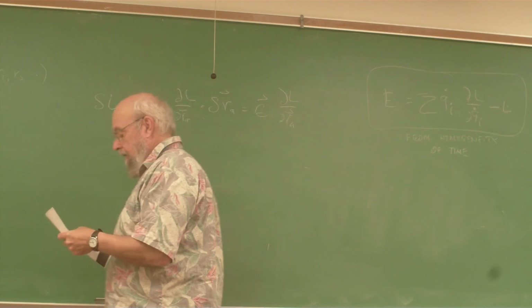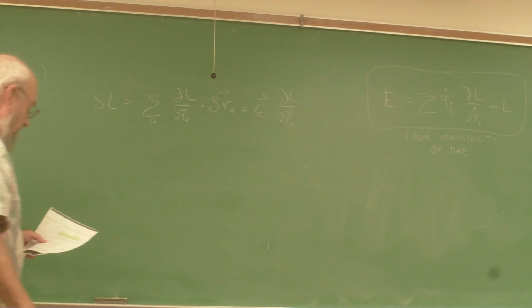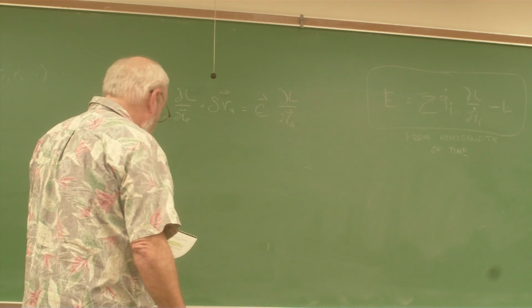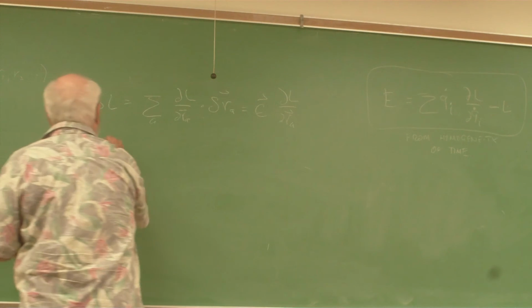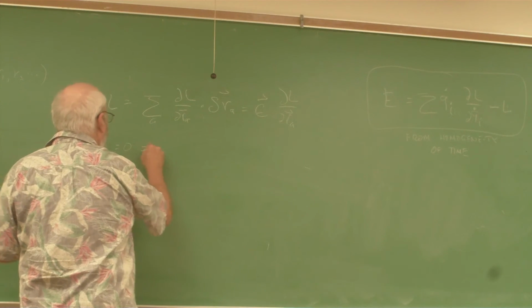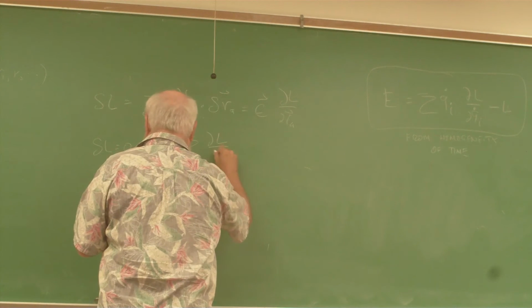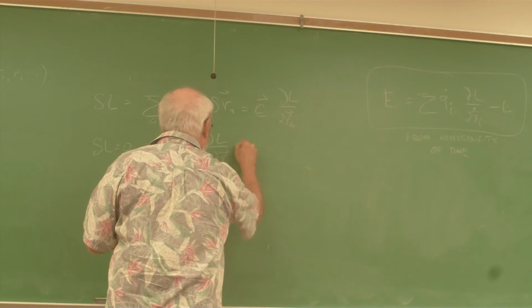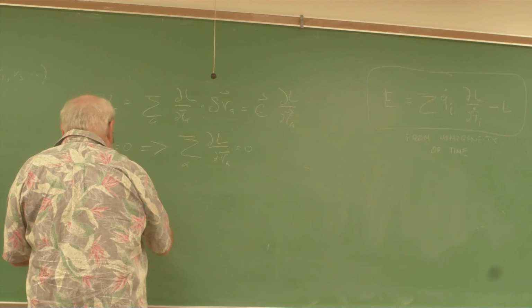Now, since epsilon is an arbitrary little displacement that we're applying to everybody, the equivalent delta L equals 0 implies that the sum over a of ∂L/∂r_a is equal to 0.